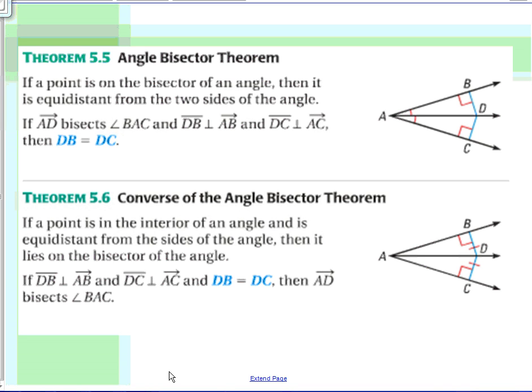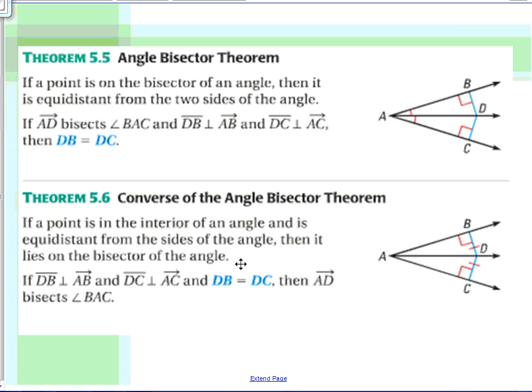The angle bisector theorem states if a point is on the bisector of an angle, then it is equidistant, or equal distance, from the two sides of the angle. So if we have an angle bisector right here and two segments meeting at this one point, in this case D, that means that DB is congruent to DC.